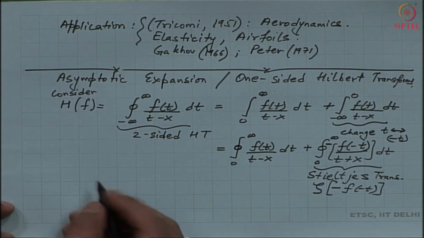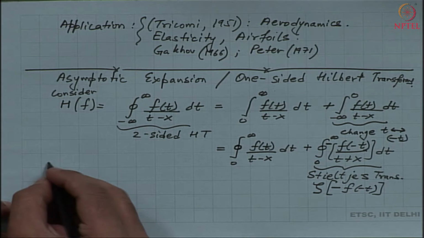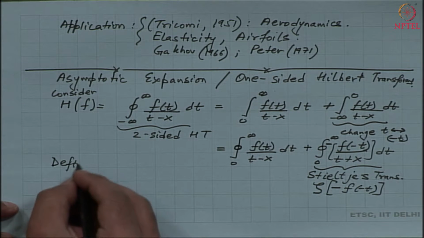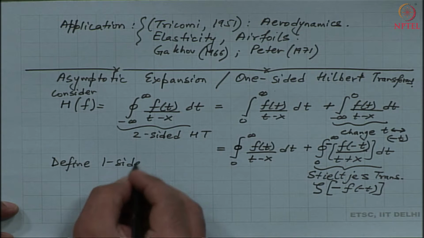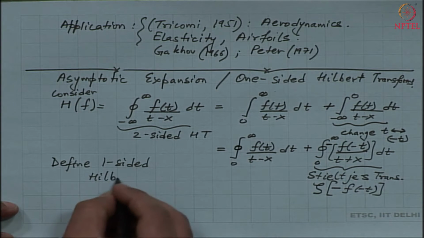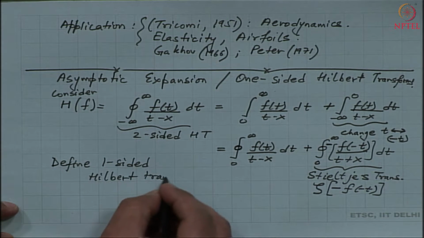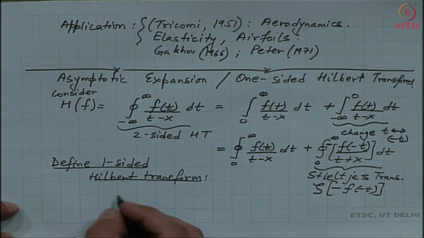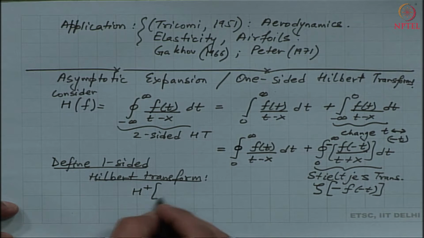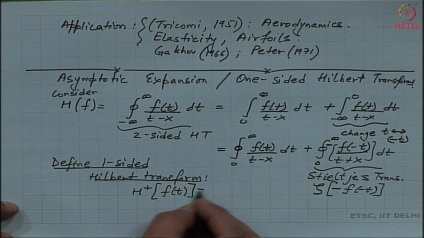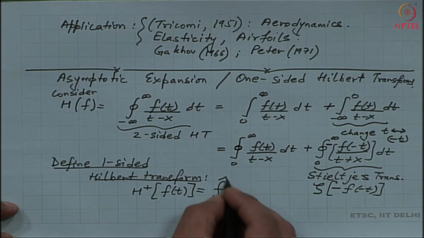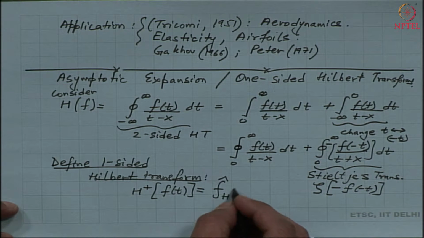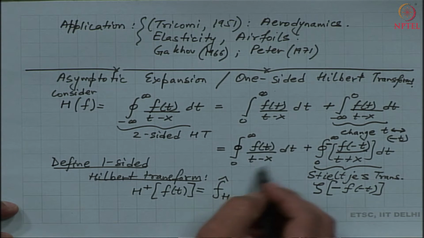Okay. So, let me conclude this part of the discussion by saying that my one-sided Hilbert transform is defined as H plus of f of t equals this transform f hat of H. The plus denotes that I am taking the integral over the positive domain.